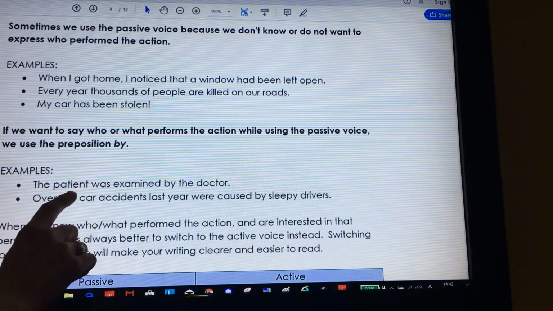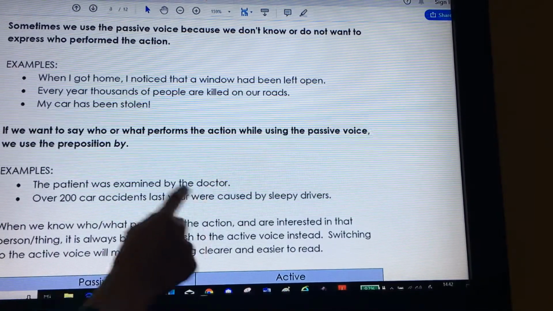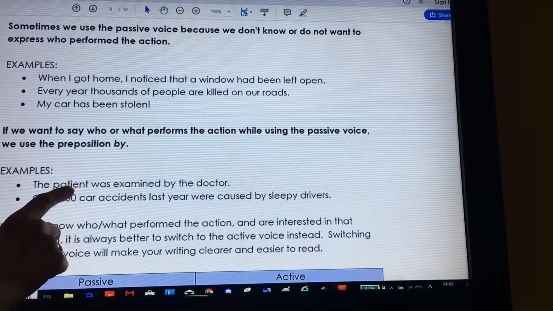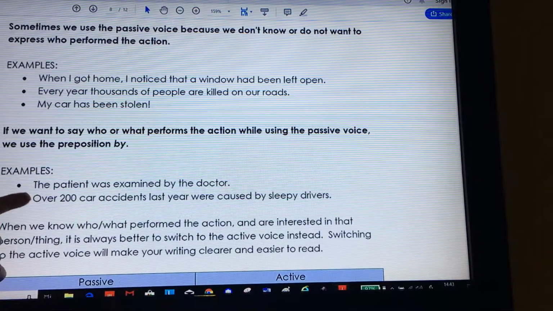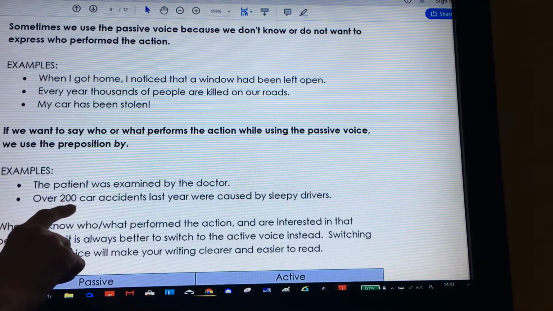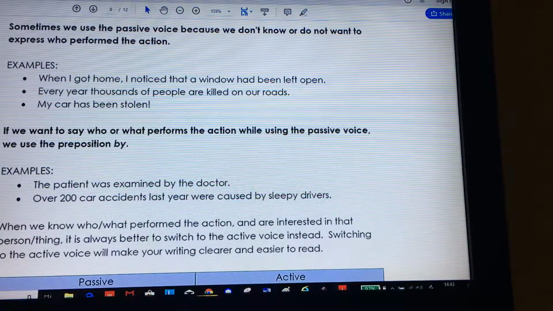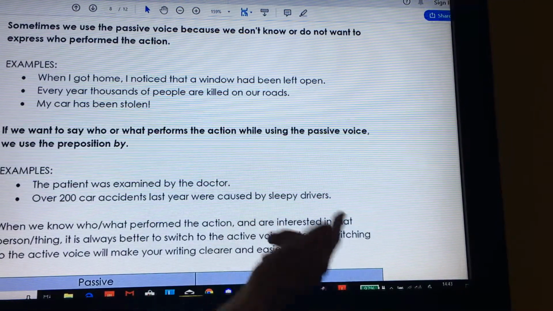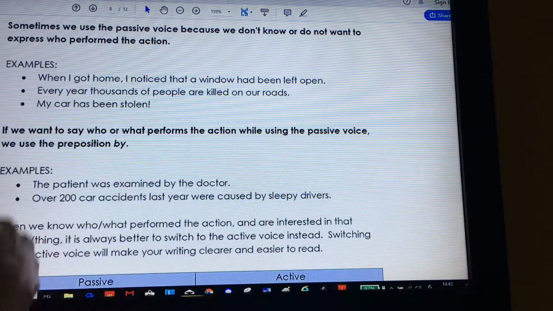So the patient was examined by the doctor. So the doctor is actually doing the action. The patient has the action happening to it. This next one, over 200 car accidents last year were caused by sleepy drivers. Sleepy drivers were doing the action. Car accidents were what happened.